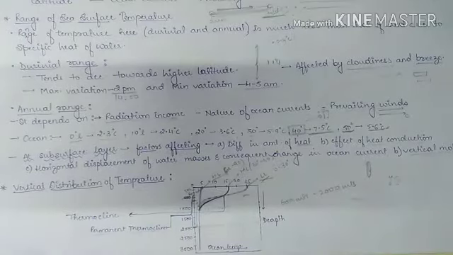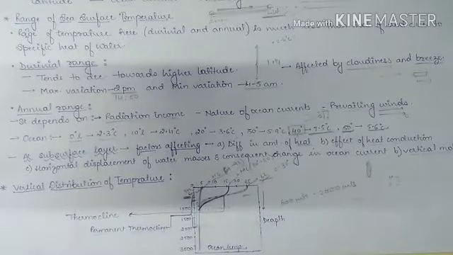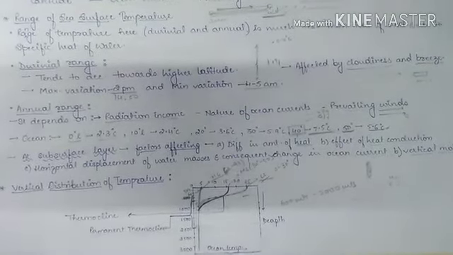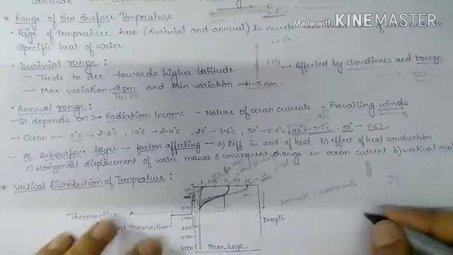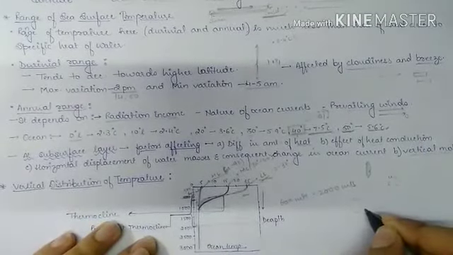The sill depth or threshold depth is defined as the maximum depth of entrance from the open ocean to a basin. So in this type of adjacent sea, the temperature will be determined by the sill depth.